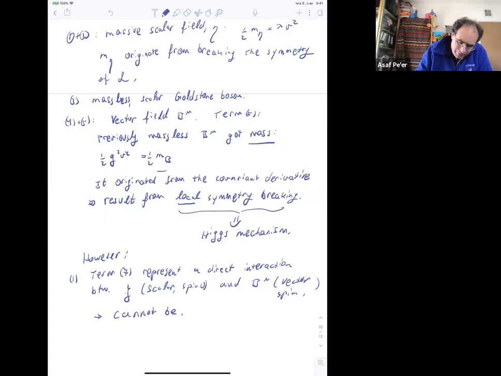Then the second problem is that if you look at it carefully, you realize that the original Lagrangian had really 4 degrees of freedom. We had this scalar field phi. You can think of it as phi 1 and phi 2. And we had the 2 polarization states of the massless field B, which was introduced. And when the gauge boson became massive, we had an additional state, a longitudinal polarization state, the same as we had with the Proca equation.